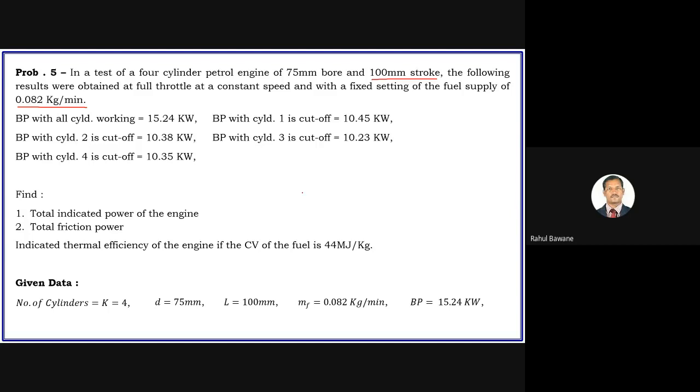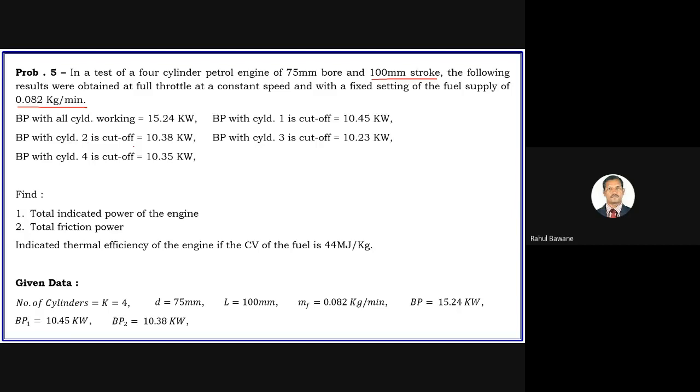So when the first cylinder is cut off, our brake power is 10.45. BP1 doesn't mean brake power of the first cylinder. It means brake power when the first cylinder is cut off. So cylinders 2, 3 and 4 are working, and that time brake power is 10.45.